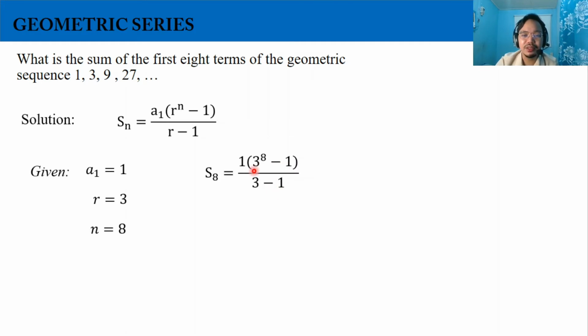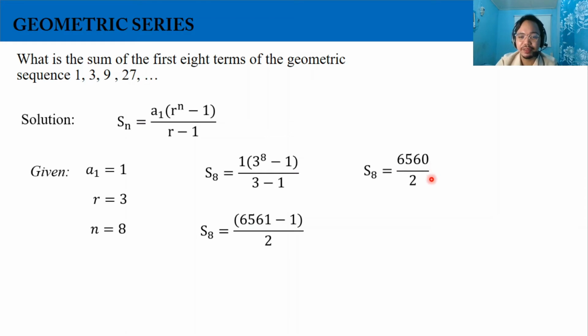And 3 raised to 8 is equivalent to 6,561. Minus 1, then 3 minus 1, in the denominator we have 2. Then 6,561 minus 1 is 6,560, over 2, or divided by 2. The sum of the 8 terms is 3,280.